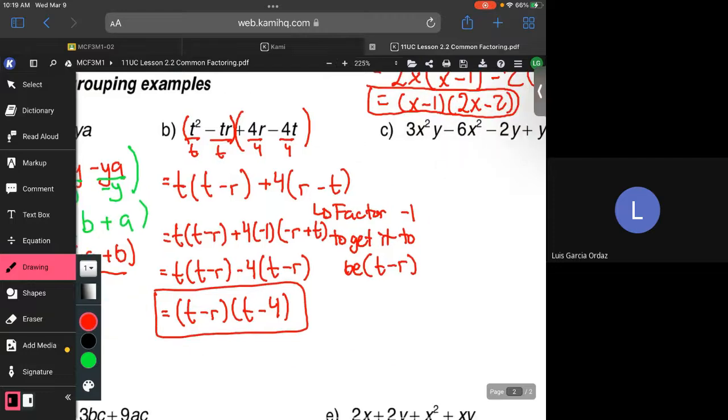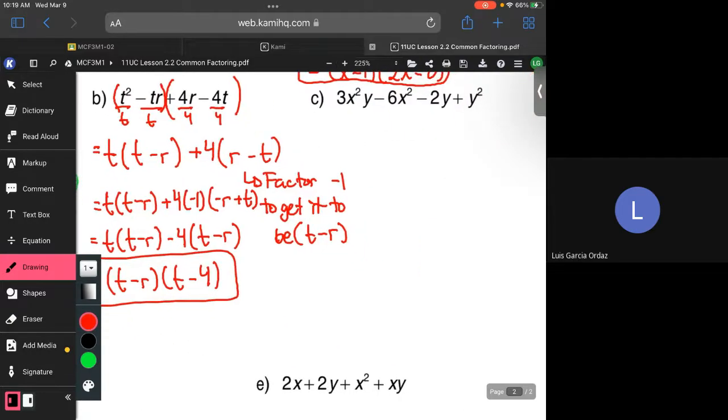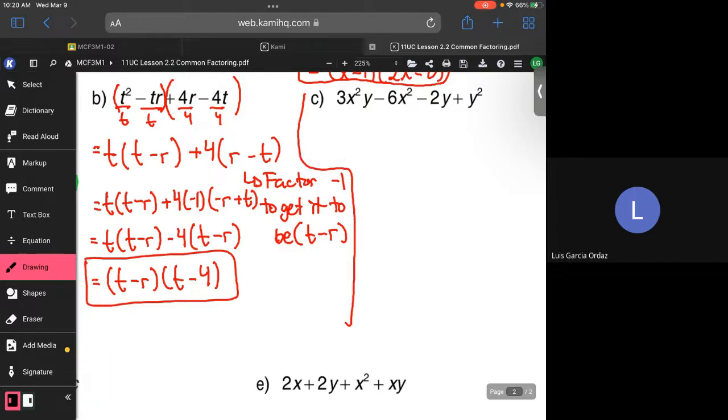Okay. Now let's do my last one. My last one is 3x squared y minus 6x squared minus 2y plus y squared. Is this fine the way it is, or do you want me to move stuff around?